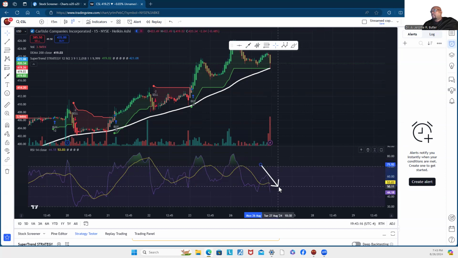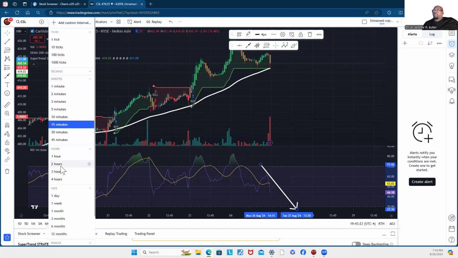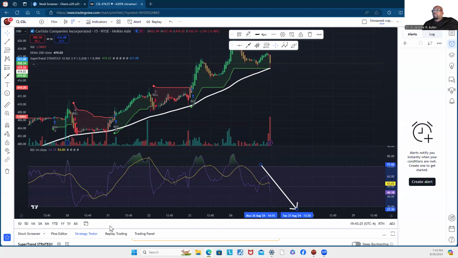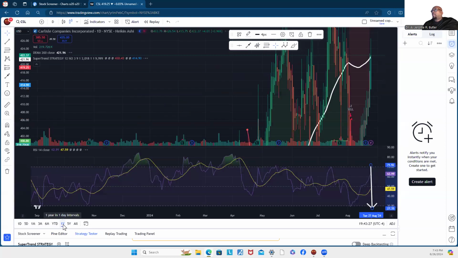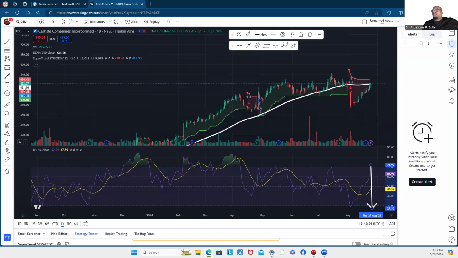Come on, there we go. That's what we're looking for right there. Let's take a look at the daily on this one, because this bad boy looks like it could be a fairly good stock as far as long term.